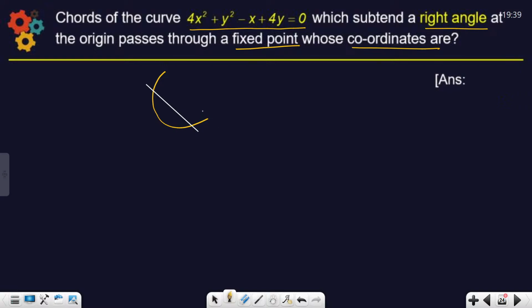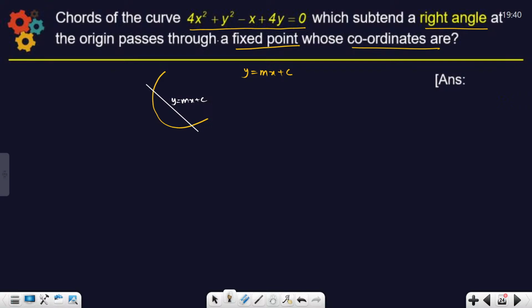So now, the problem in this question is that the chord is not being given to us. Okay, let us assume that the chord is y equals mx plus c. Let us say the chord is y equals mx plus c. So this equation is y equals mx plus c.